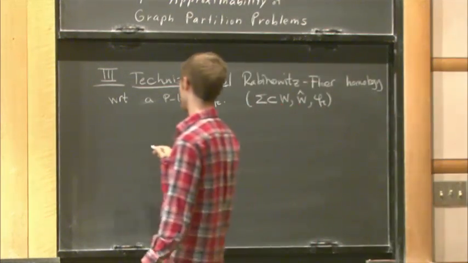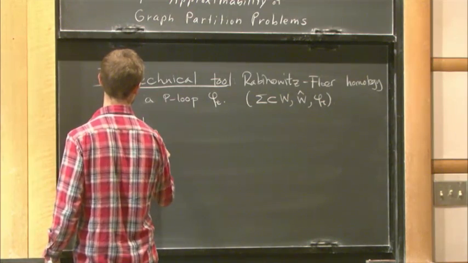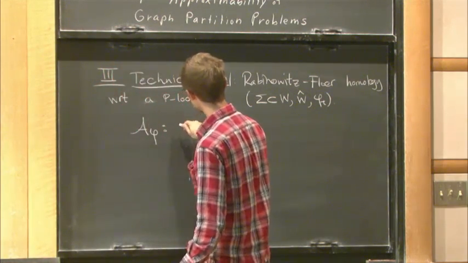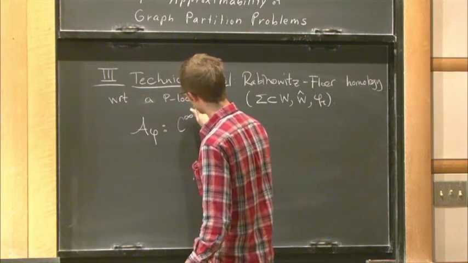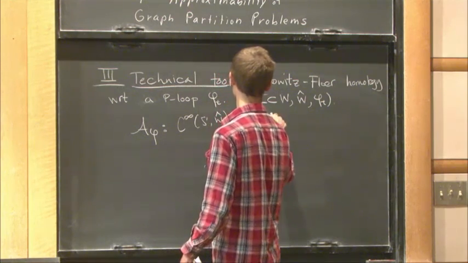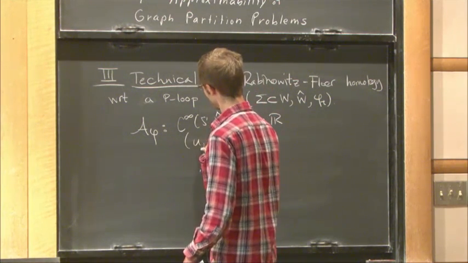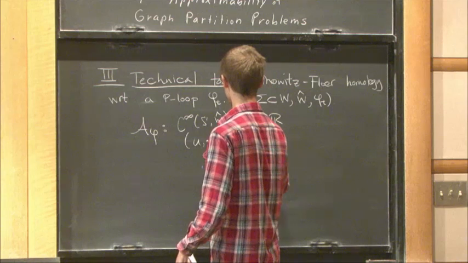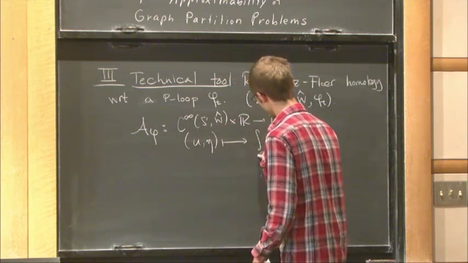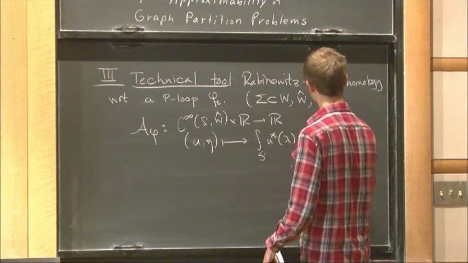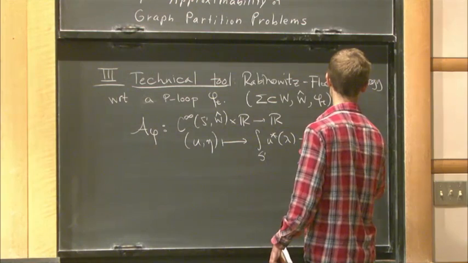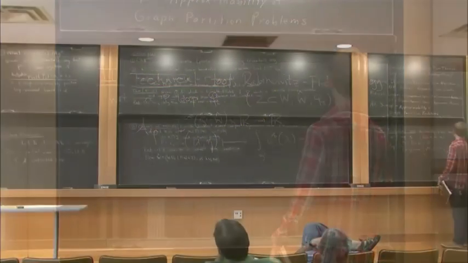Given this setup, I can define the Rabinowitz action functional A sub phi. It goes from C infinity of S1 to W hat cross R to R, and it sends a loop along with a real number to, so I pull back the contact form, and it looks exactly like the classic action functional, except that I have this free time component.